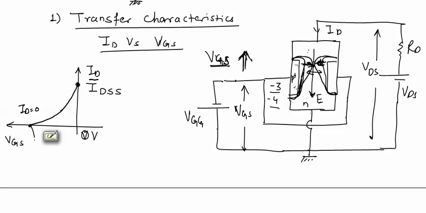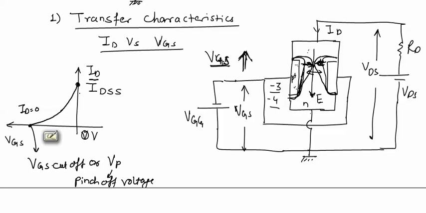This voltage is called VGS cutoff or VP, pinch off voltage.